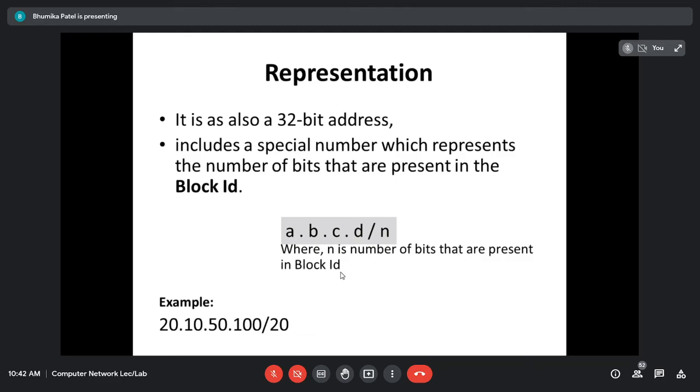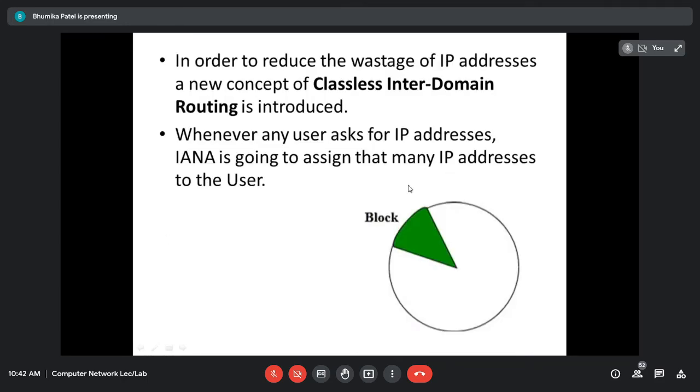Getting it? In class A how many hosts did we have? 2^24, whereas from this we can say that number of the IP addresses will be 2^12. 32 minus 20, it is 12. So it no more belongs to class A. Okay, so this is why it is called the classless interdomain routing. So from the single IP address you will identify the entire block. That is this kind of block. This block is given from the entire address space.